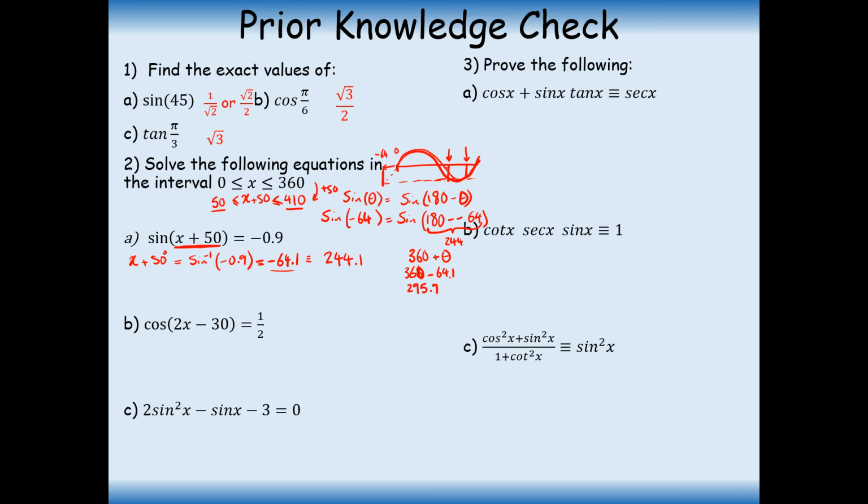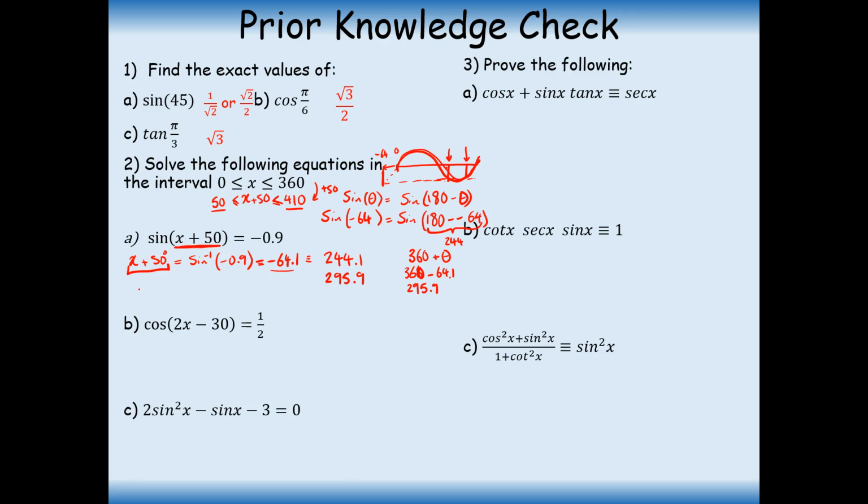Let me just double check that on my calculator. 360 take away 64.1 is, yes, 295.9.